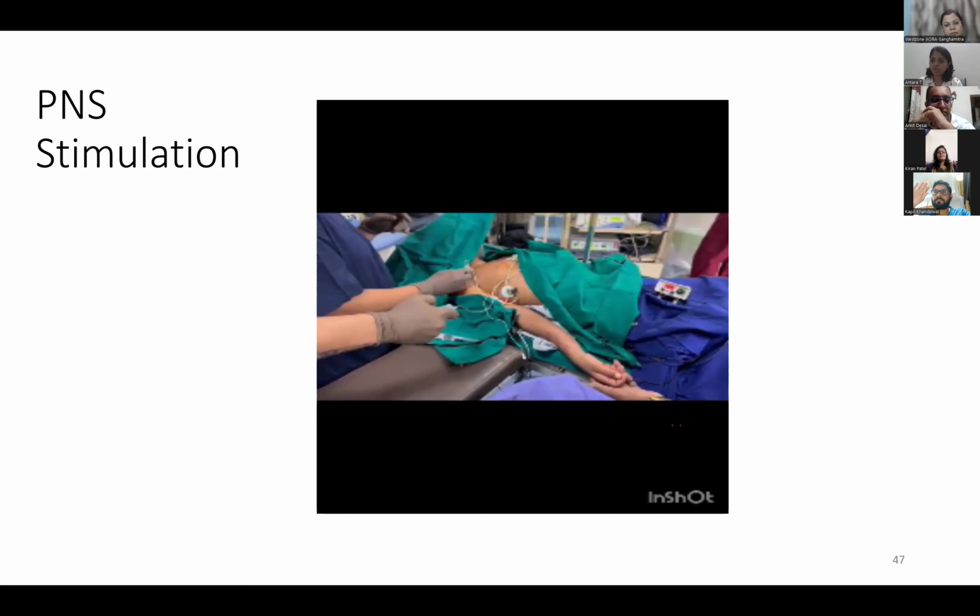We can also use PNS and pressure monitors, so it can be a triple guidance. We keep the opening pressures below 15 PSI, and with PNS we see if the response is disappearing at 0.3 milliamperes. So it mainly covers all the points you have rightly said, that for preventing intravascular injection, we always aspirate, we look for signs in the ultrasound.